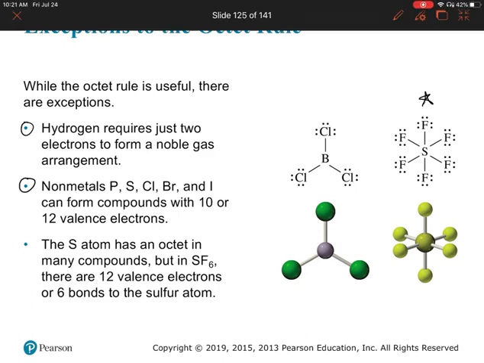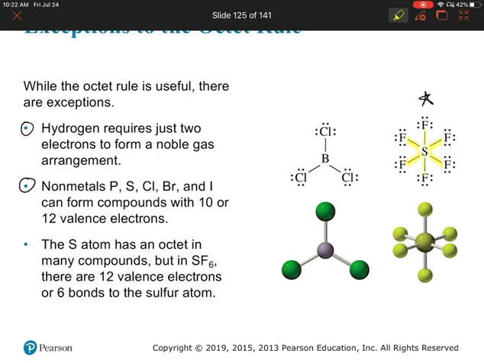And if we count each of those electrons, we have 2, 4, 6, 8, 10, 12 electrons that sulfur has co-ownership of. So that's way more than 8. But this is a fairly stable compound, so it does occur naturally. Phosphorus can form compounds with 10 electrons. So there are exceptions to the octet rule.